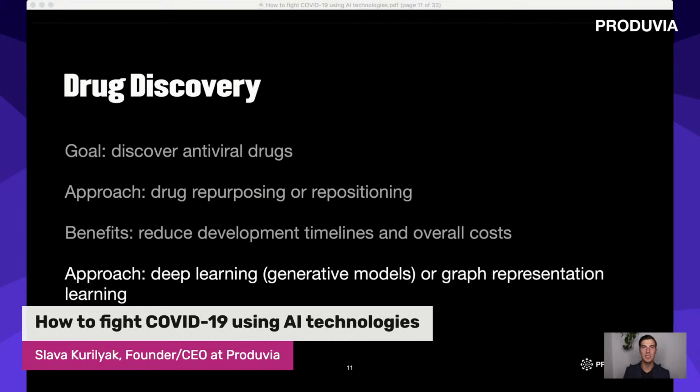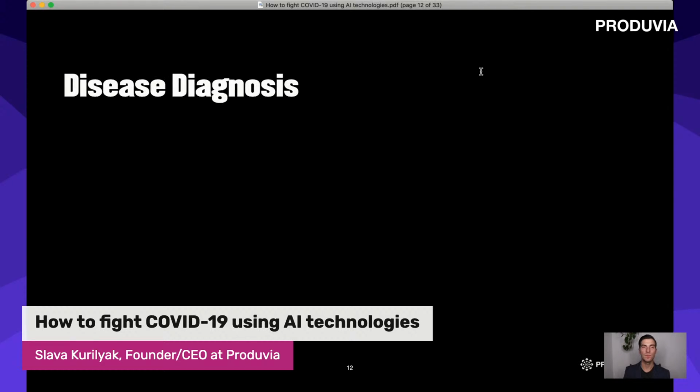The next use case that I wanted to mention is disease diagnosis. Here, companies are aiming to find the disease and detect it. How can society, how can people better detect COVID-19? Well, the answer lies in what technologies are able to help us with detection.